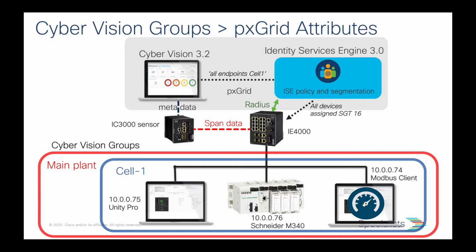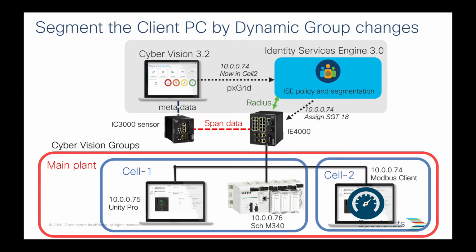So the default state is all endpoints are in cell 1, and you can see I have this hierarchy where I've got a main plant grouping and I've got a cell 1 grouping inside that. So in the first part of the demo, we'll have a quick look at the profiling around that and how it looks within ISE. So let's move forward and take a look at how we're going to do some segmentation.